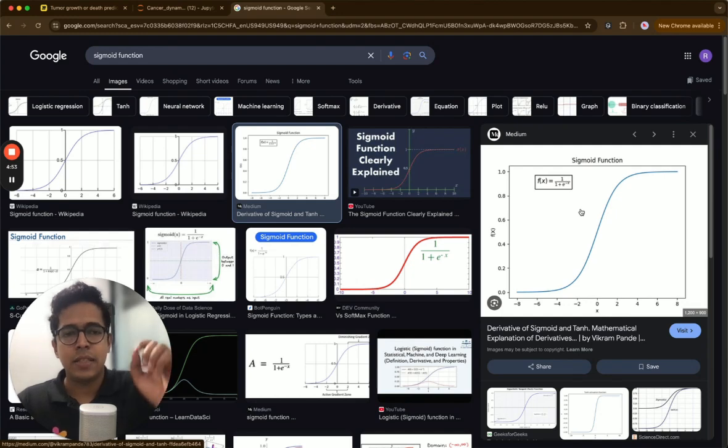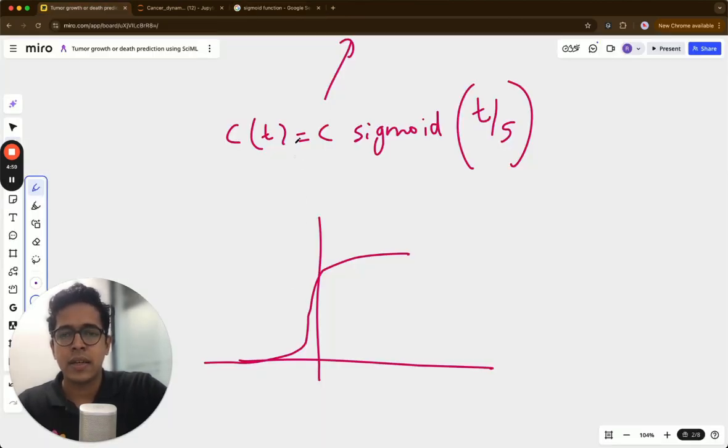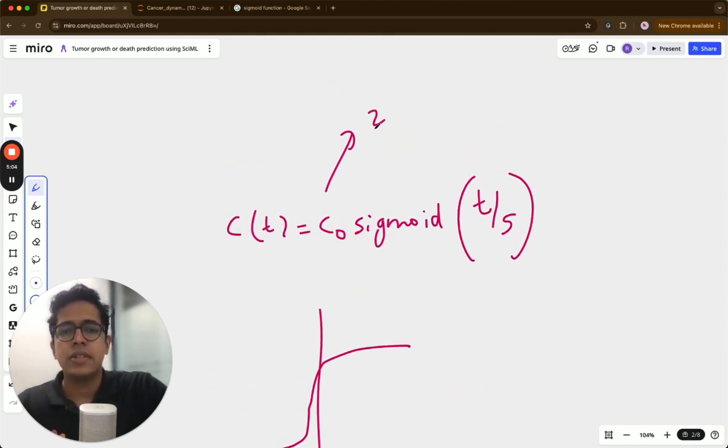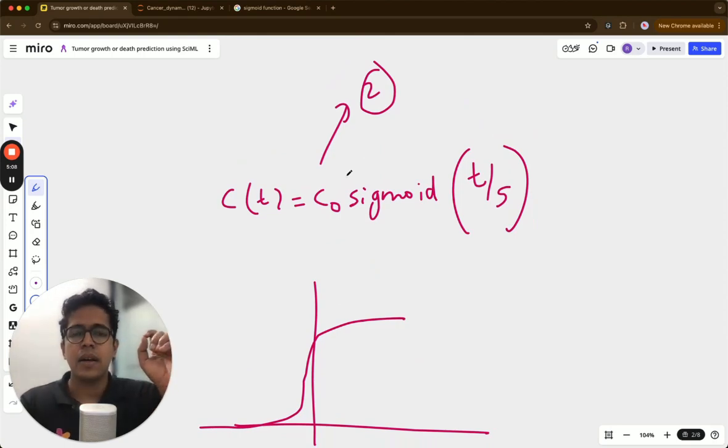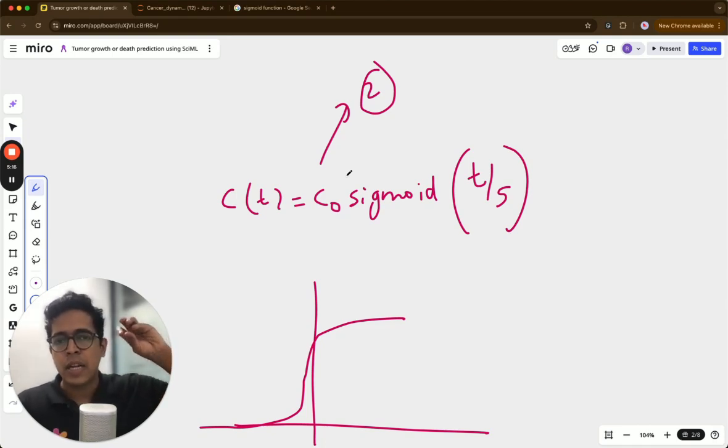So what does this mean in terms of chemotherapy intervention? If C is a constant, C of t equal to C, maybe I can call this C naught, with a value of 2, it means your maximum chemotherapy strength as a function of time is going to be 2 only. But you are not going to start the chemotherapy with the strength of 2.